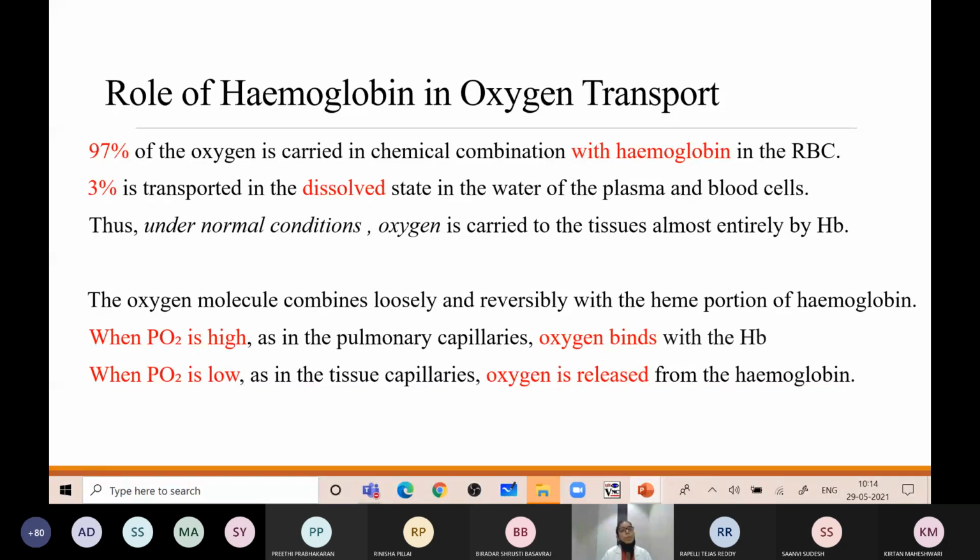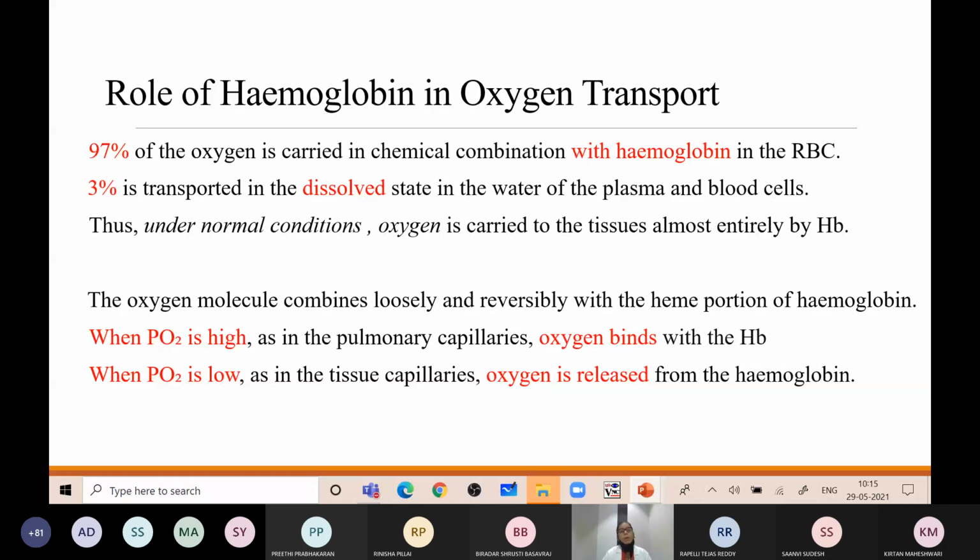As I already told you, 97% of oxygen is carried chemically combined with hemoglobin in the RBC, and 3% is transported in a dissolved state in the water of plasma and blood cells. Thus, under normal conditions, oxygen is carried to the tissue almost entirely by hemoglobin.